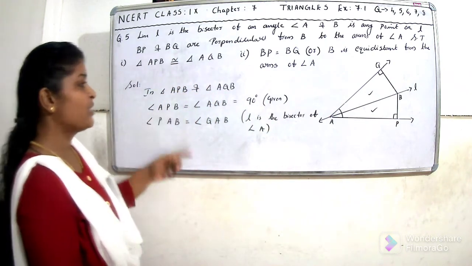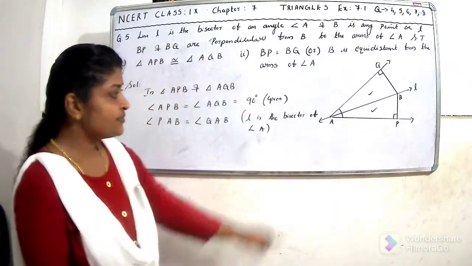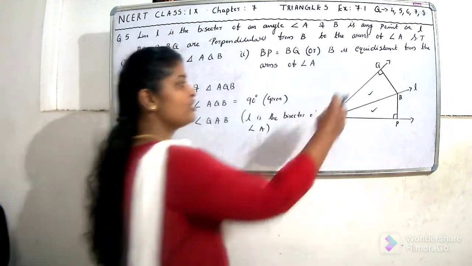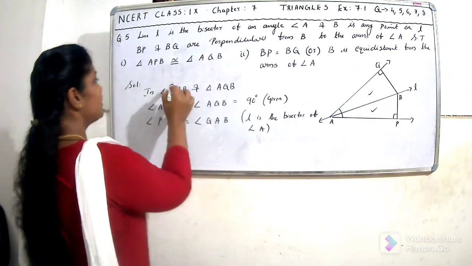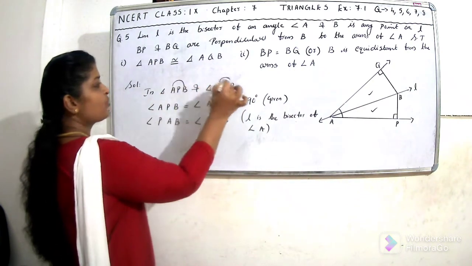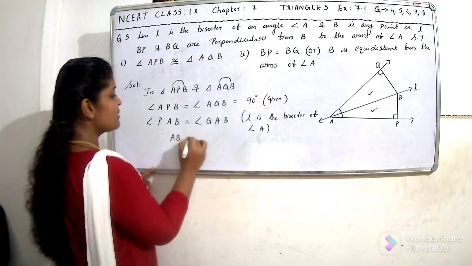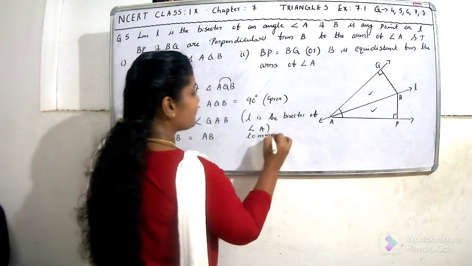Okay, so two angles we got. Now which one we can take? Now AB, the side that is common, no? For this triangle also AB is there, for this triangle also AB is there. Look, here also AB and here also AB. So we can say that side is common. So AB is equal to AB. Reason it is what? Common.